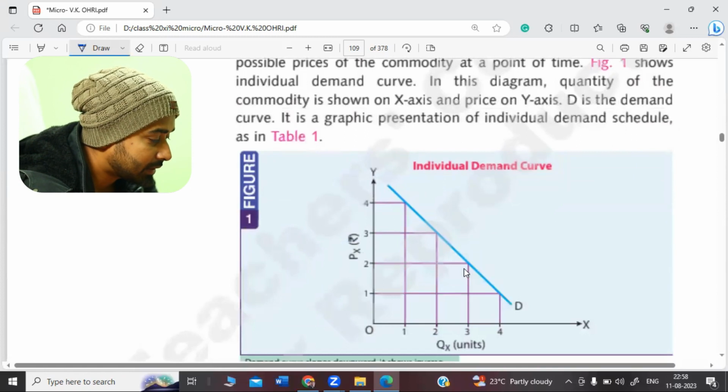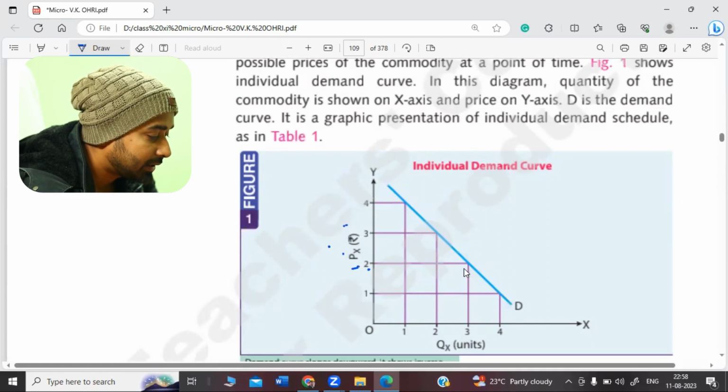Say the y-axis is the price and the x-axis is the quantity demanded. Now see, for an individual person, when the price was 4, the quantity demanded was 1, so the point intersects here, because the price was 4.